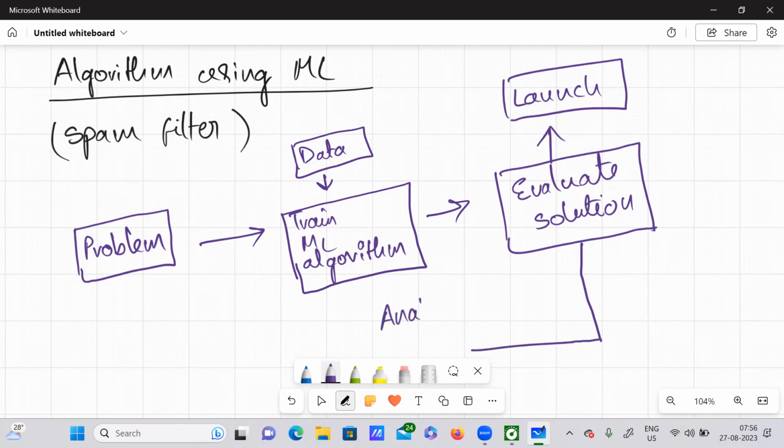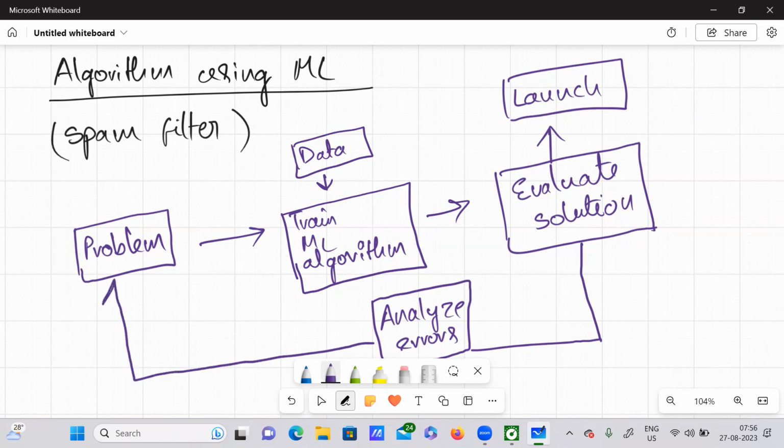That is, we analyze the errors. And after analyzing, we approach the problem again and understand it again. Then we train the machine learning algorithm using the data. After that, we evaluate again, and if it is all set to go, then we just launch it.